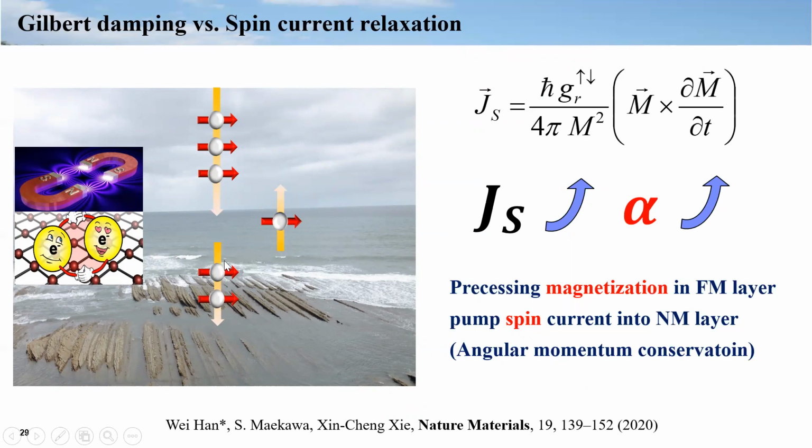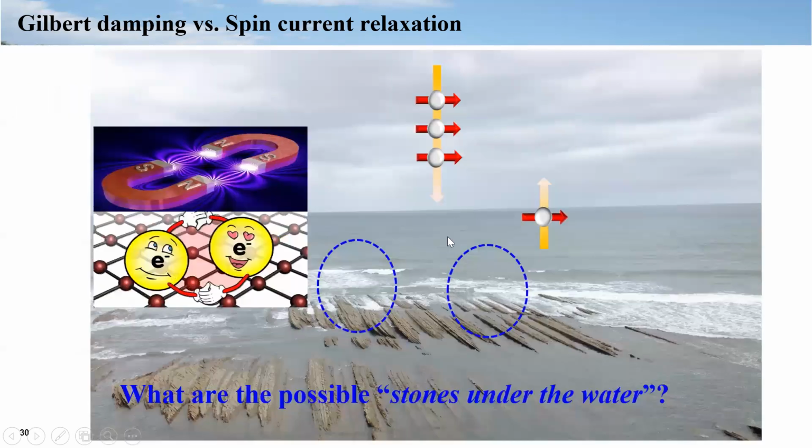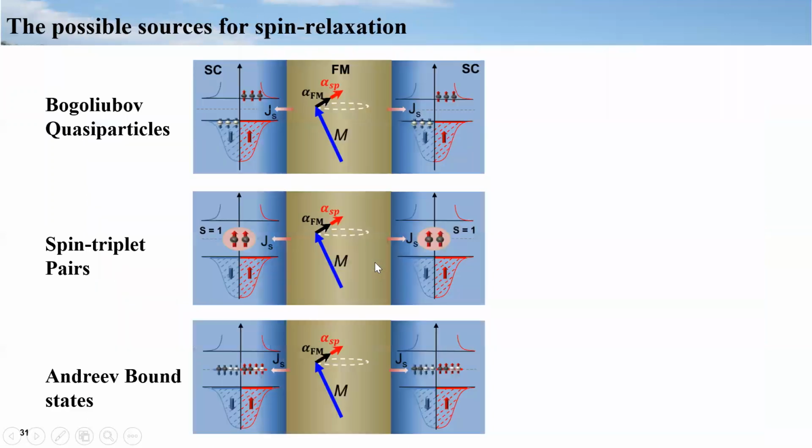If more spin current is relaxed in the superconductor, the effective Gilbert damping will be larger. So the question now is, what are the possible sources that relax the spin current? What might be the difference for 0 and pi junctions?